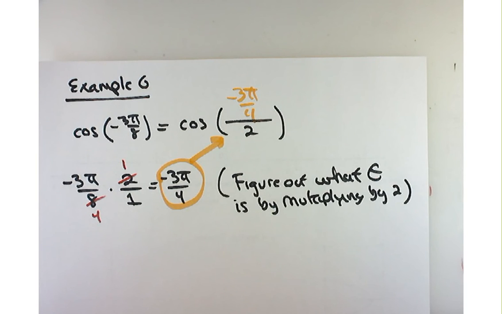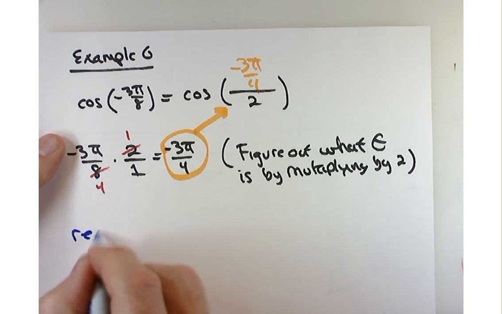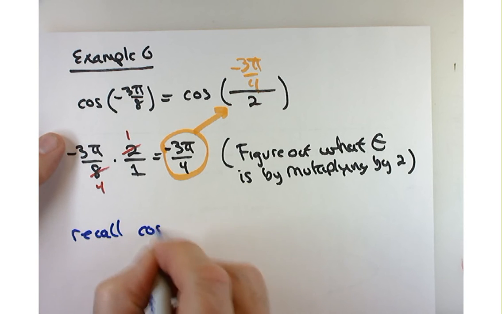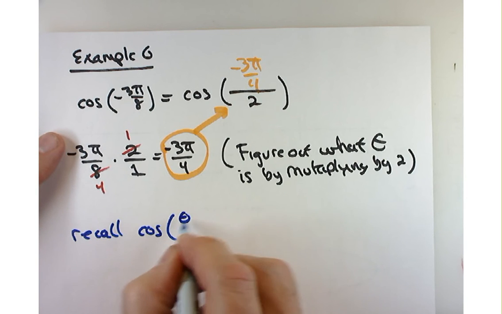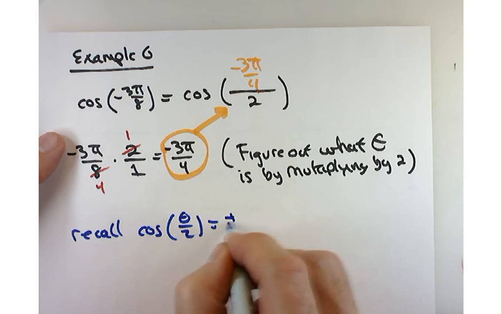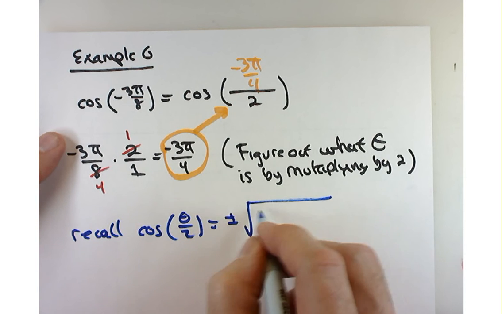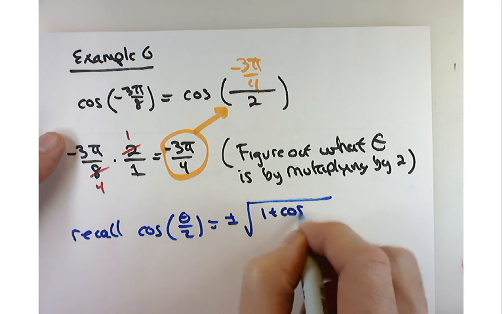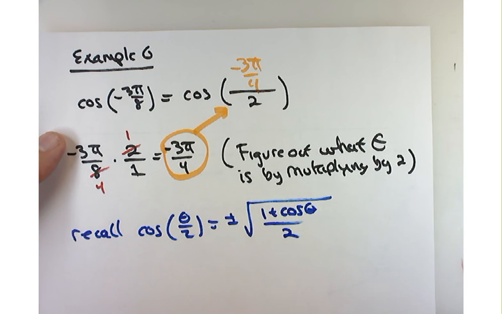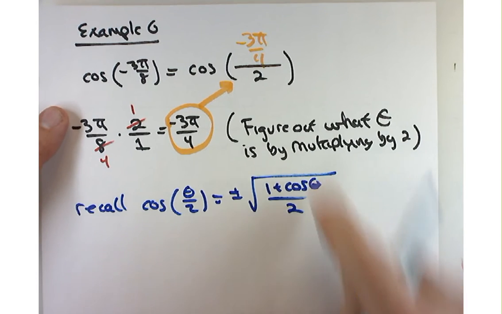Now I'm going to use my cosine half angle formula. So we'll see about that. Recall cosine of theta over 2 is plus or minus the square root of 1 plus cosine of theta all over 2. And this is my theta.